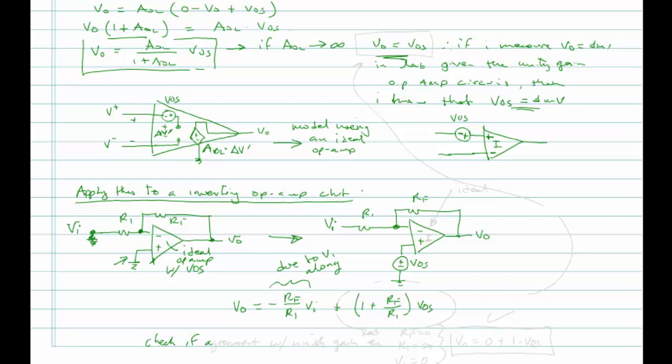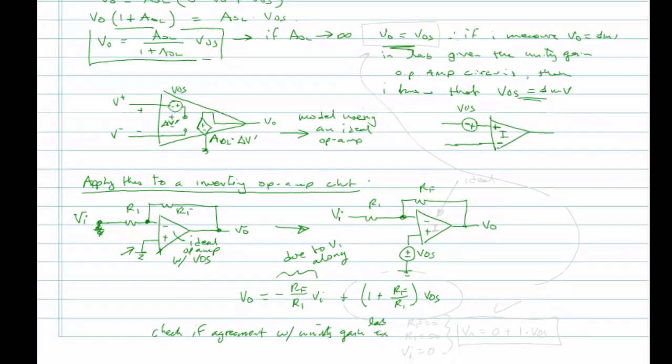Okay. Now, let's check if this is in agreement with the unity gain lab example. For the unity gain case, we have RF equal to 0, R1 equal to infinity, and VI equal to 0.